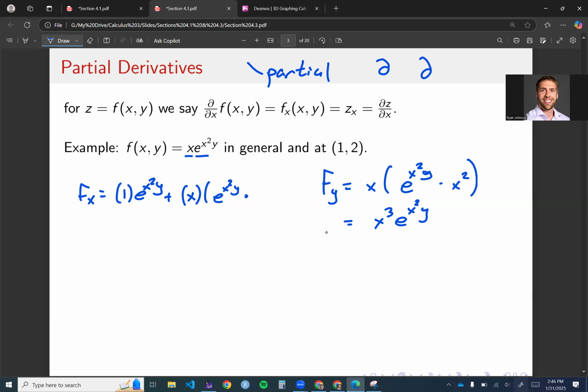The derivative of the inside with respect to x is 2 times x times y, because I'm treating y like a constant. So then I get e to the x squared y plus 2x squared y e to the x squared y.